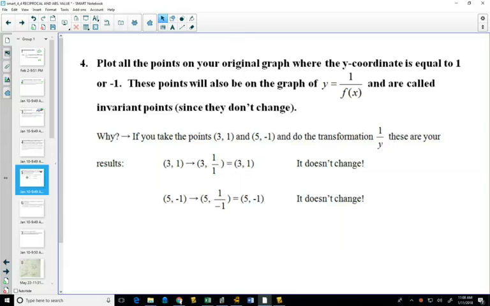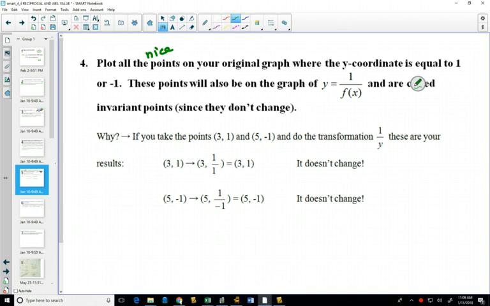I'm going to change the wording of this one a little bit. What I would like to do is add the words nice points. You don't necessarily have to do where it's equal to 1. But if you have a nice point, then you can just change the y value to 1 over y. You'll see when we do our examples what each of these steps looks like.